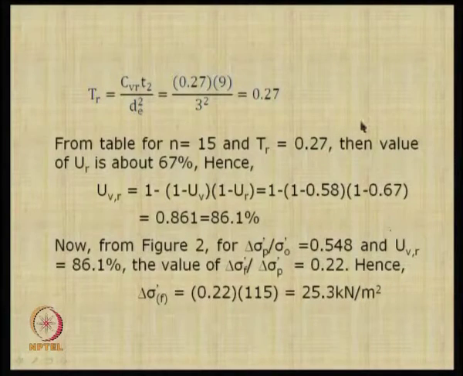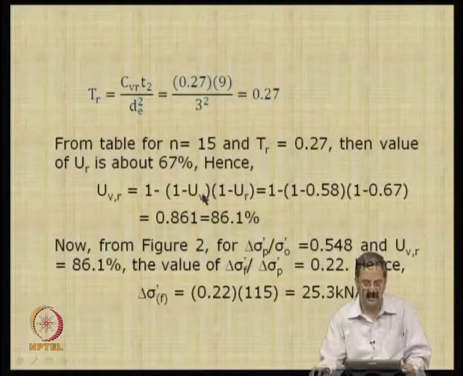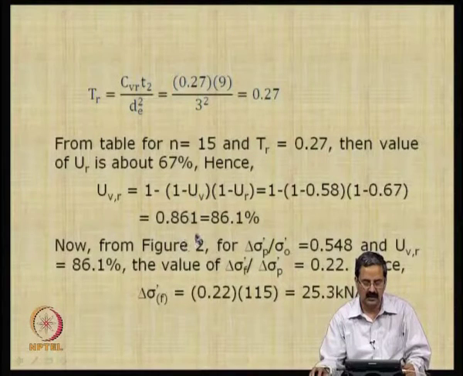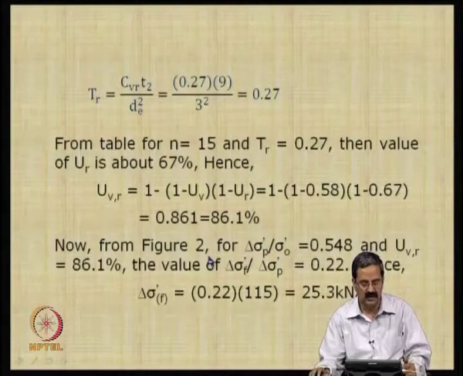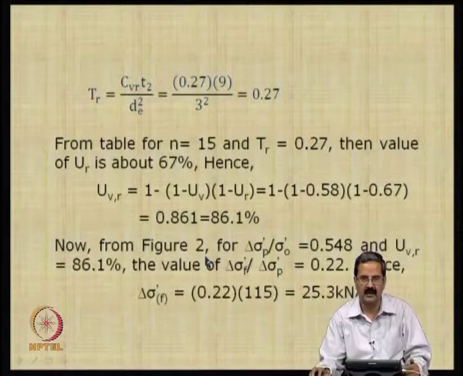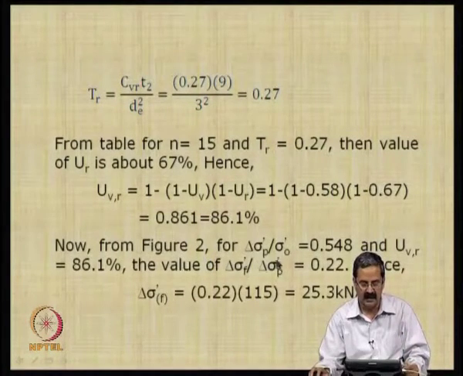Essentially, from these expressions one can get the UR, and once you get the UR and also the UV which we already got, for example, 67% and 58% is what we already achieved, so essentially 86%. Now, what is the preload that you have to get for this? Again we have to go to the figures that we considered earlier, and for this effective stress increase and the degree of consolidation, you will get a factor 0.22.